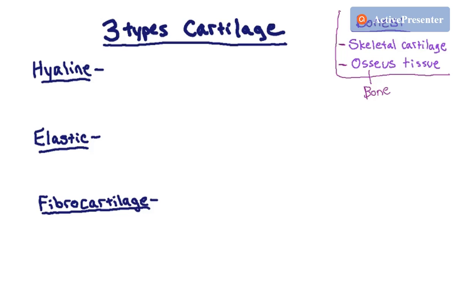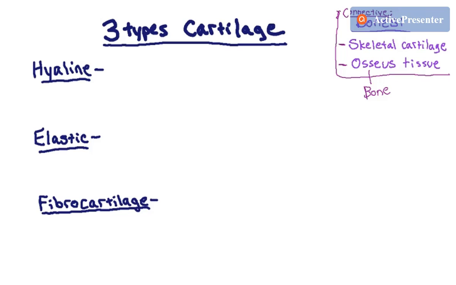So bone tissue and skeletal cartilage. Those are both components of bones, which is a component of connective tissue, just so we know where we're at as far as the histology tree goes. So anyway, three types of cartilage.